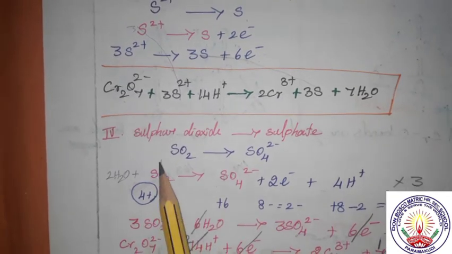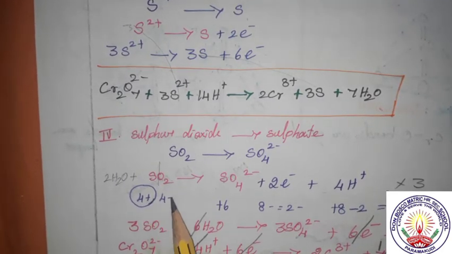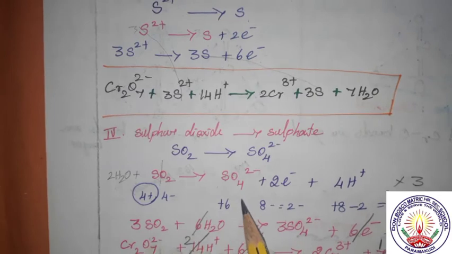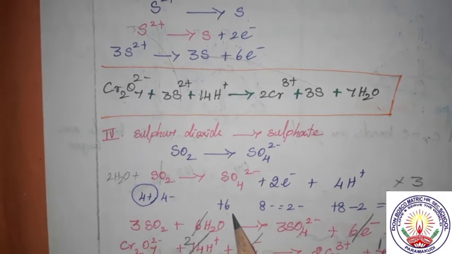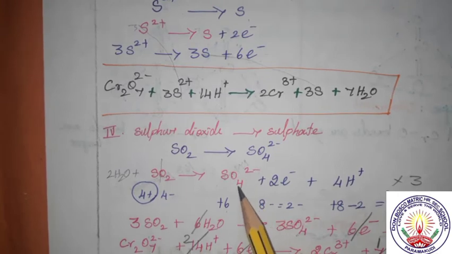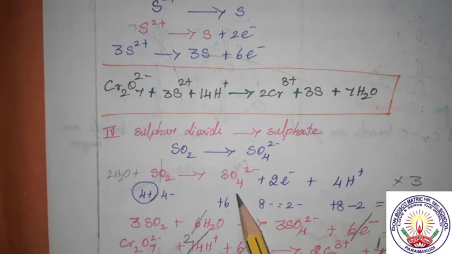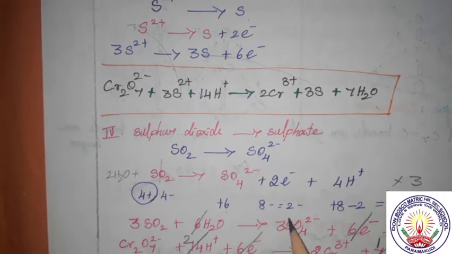The oxidation state of sulfur here is 4 plus, and here it is 8, since one oxygen has 2 minus, so 4 into 2, 8.